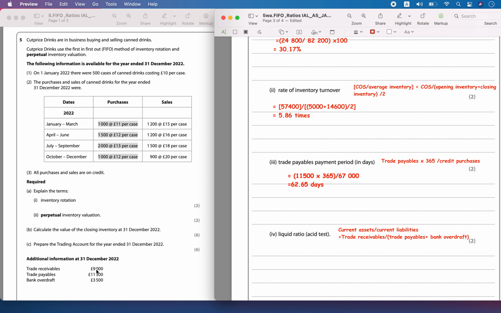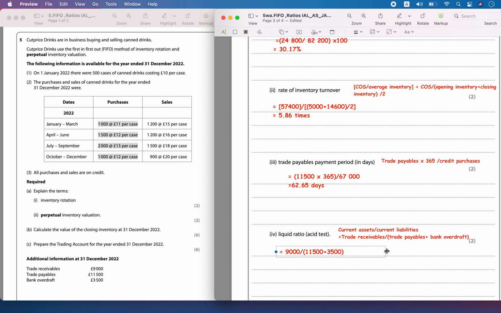Okay. Then we have liquid ratio, which is current assets over current liabilities. Here we have current assets are trade receivables divided by current liabilities are trade payables and overdraft. So let's write here. So equal to 9,000 divided by trade payables were around 11,500 plus 3,500, okay, bank overdraft.